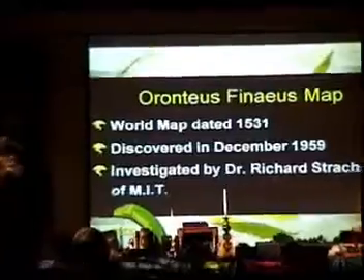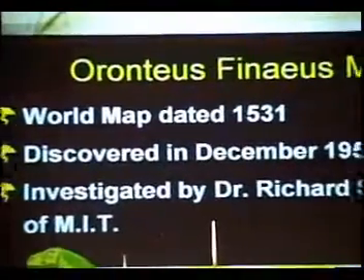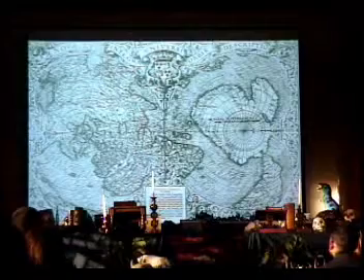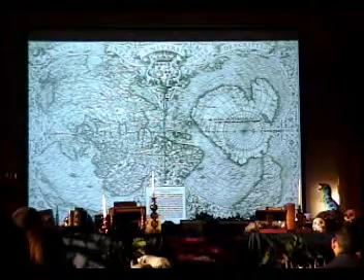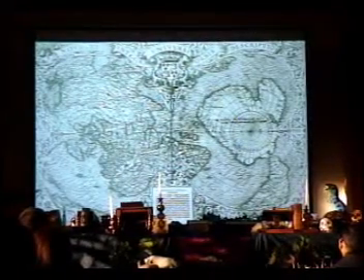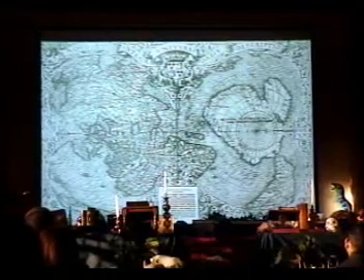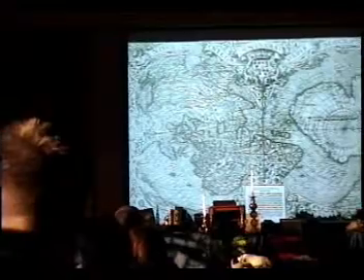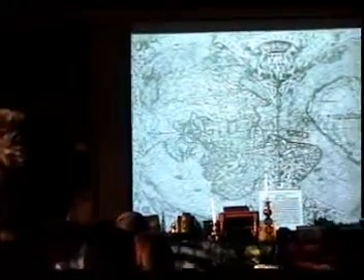Takes it immediately to Dr. Strachan at MIT. Next. Here's what the map looked like. Okay? Now you've got to be pretty educated and really know your maps to recognize that this is something unique when you're flipping and looking through. This was in the Library of Congress. Nobody knew what it was until this gentleman finds the thing. Okay? Next.